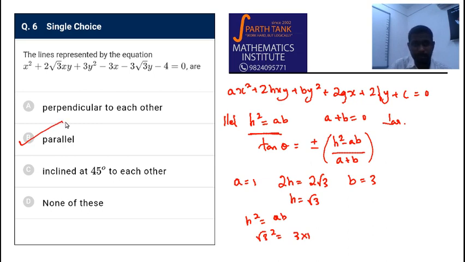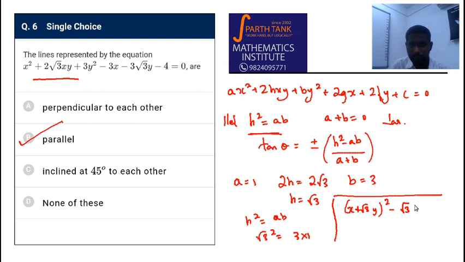Okay. Now also, those of you who have a sharp eye would have noticed that this is actually a perfect square form. So if you are doing it in a very direct procedure, you can write that as x minus root 3y the whole square. And if you take a root 3 from, it is x plus root 3y the whole square.